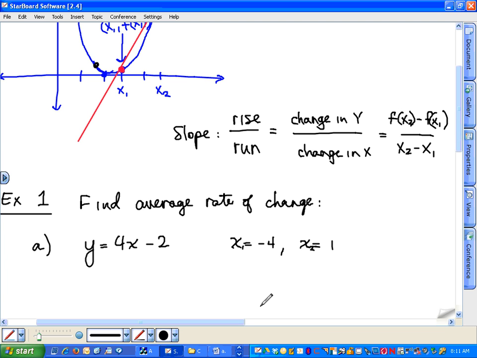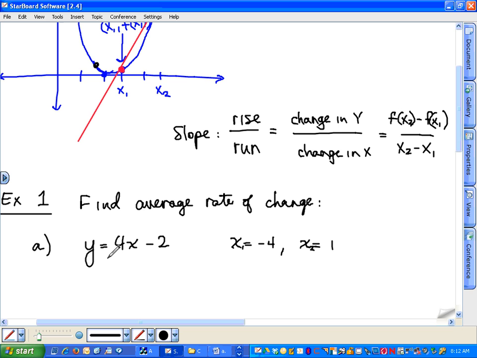Why is that? What type of graph is this? This is linear. So between any 2 points on the graph, anywhere on the graph, the slope's always going to be the same. What is it? Because this line has a slope of 4, that is the average rate of change. That's just because this is a linear function.